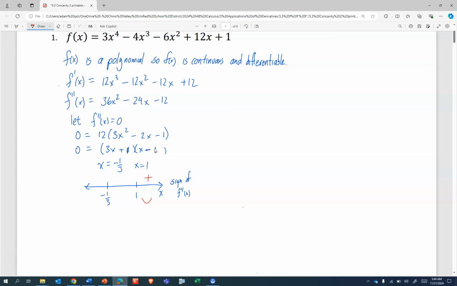When I choose a number in between negative 1/3 and 1, like 0, 3 times 0 plus 1 is positive, 0 minus 1 is negative, positive times the negative is negative, and f is concave down. We assume we're going to get a negative f double prime for very large negative numbers. 3 times negative 10 plus 1 is negative, negative 10 minus 1 is negative, negative times the negative is a positive.